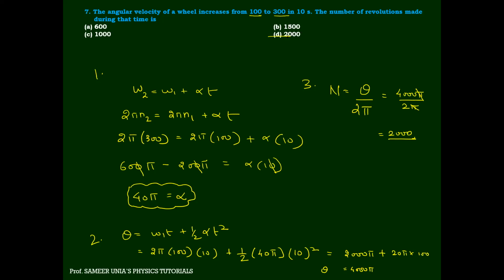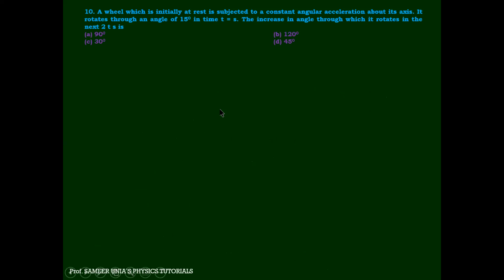Yes, sir. Now the last question based on circular motion, since it is given. It's question number 10 I am doing. It's a very nice question based on seconds diagram.